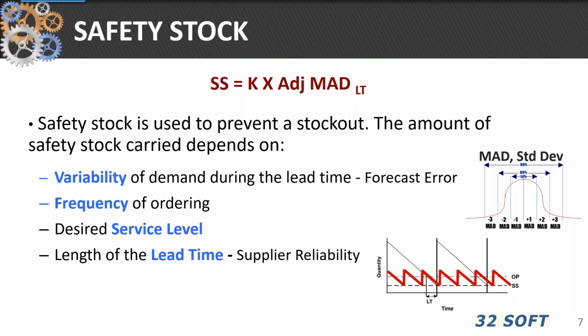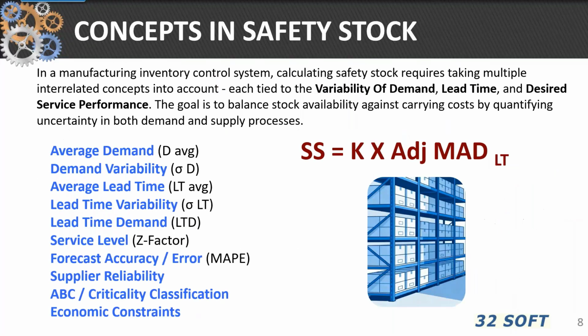Service level is the desired level of service, usually set by management or planning, that determines how often management will tolerate being out of inventory. Service level is the ability to supply customers when they want and what they want. Carrying safety stock increases service level. Service level is calculated on the normal distribution.